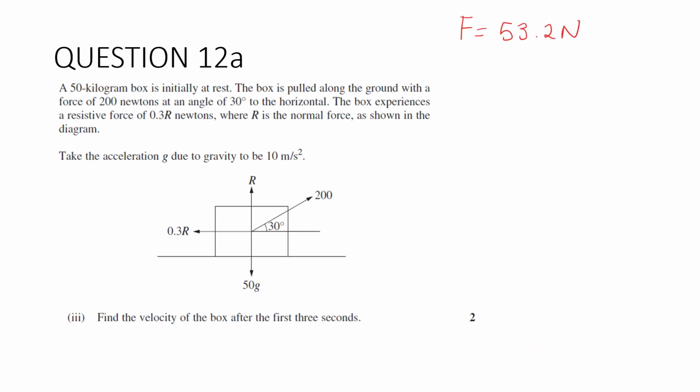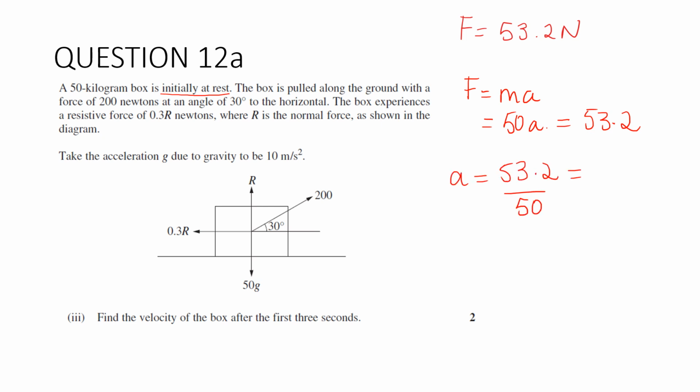Part 3, find the velocity of the box after the first 3 seconds. So we know that it starts at rest and then it is pulled along the ground. So F is equal to ma, and we know m is 50. And that's going to be equal to 53.2. So a is equal to 53.2 divided by 50, which is equal to 1.064.